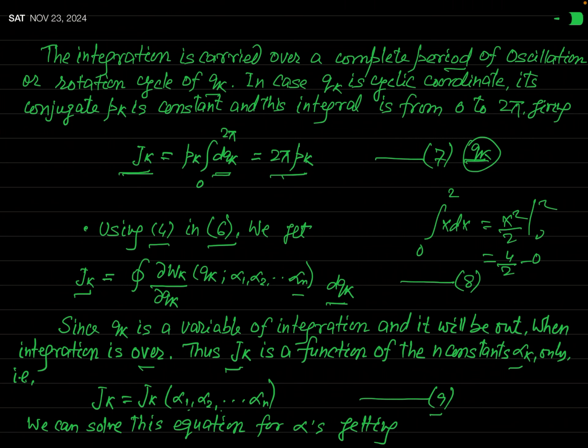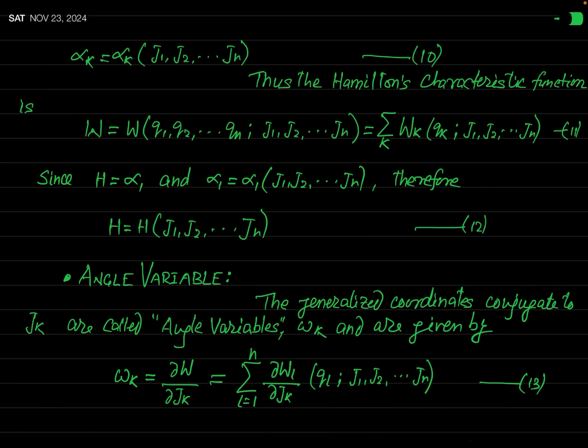You may solve equation 9 for getting the value of alpha in terms of J. When this equation is solved for different values of alpha, we will find that alpha k is equal to alpha k of J1, J2, and so on, Jn. Now in this condition our Hamilton's characteristic function will be a function of q1, q2, and so on qn and J1, J2, and so on Jn, and this may be written as summation over k of Wk(qk, J1, J2, ... Jn).